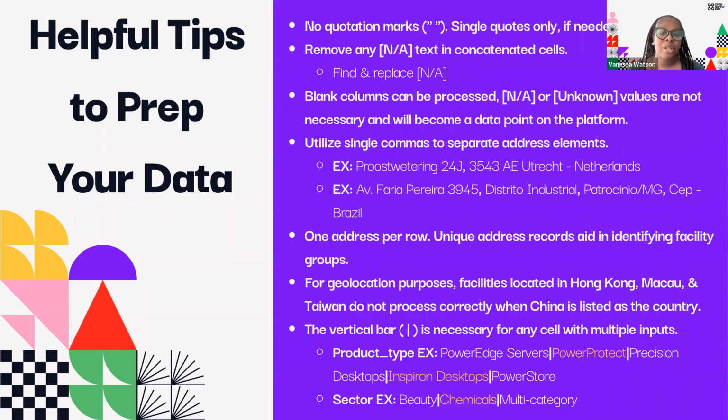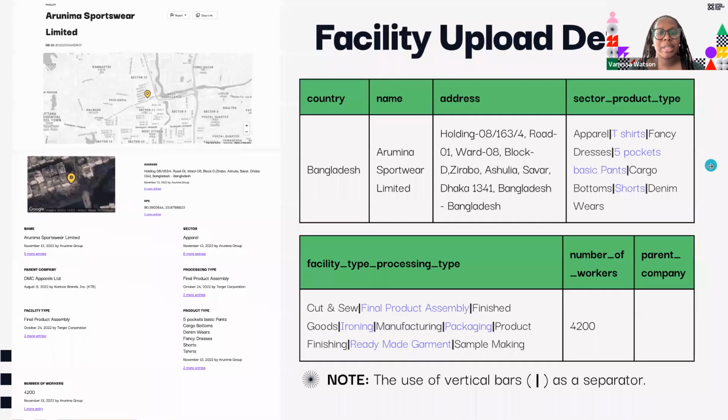And as I mentioned, the vertical bar is necessary for our cells that have multiple inputs. Again, the sector and product type values and also the facility type processing type allow for multiple inputs. And so for that, you'll just need a vertical bar to separate the values, and you can see those listed here. On the next slide, we are going to see a description of a facility.